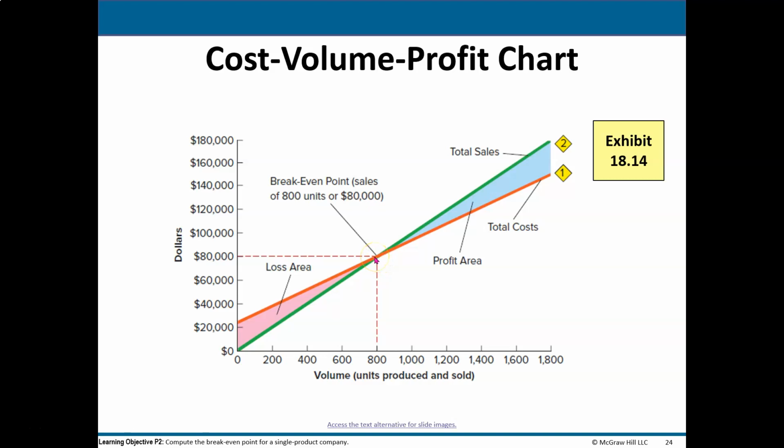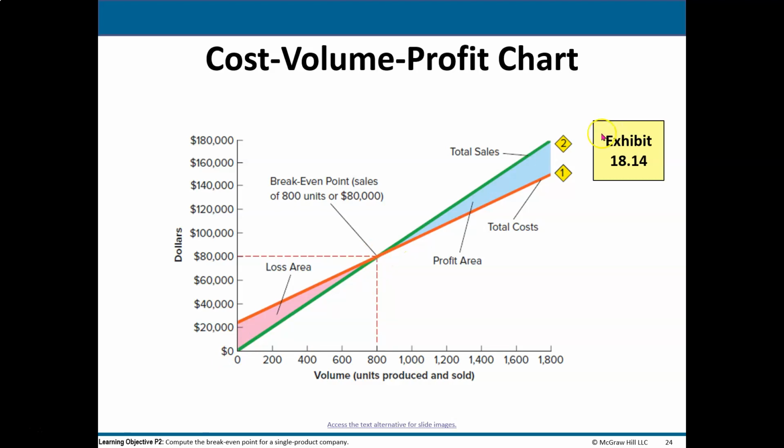So if Riddell breaks even at 800 footballs sold and selling them for $80,000, then what happens if I sell more? Well, for every unit I sell above 800, I'm going to have an operating profit because my sales here are greater than my costs here. On the bottom part of the chart here, my costs are greater than my sales, so I have a loss.